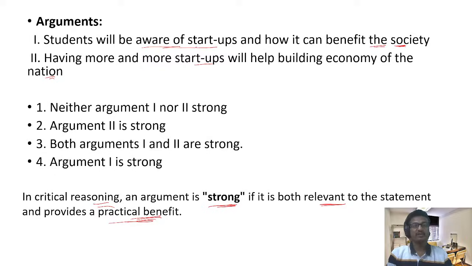If students know startups, then these startups create employment and also provide an economy for the nation's growth. With the help of incubation centers, students will get awareness about these startups. So argument 1 is strong enough.